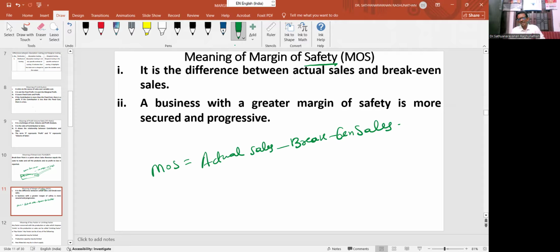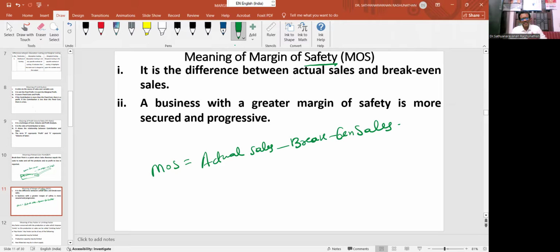If you sell the product at the break-even sales, you will be making neither profit nor loss. If you sell the product at the actual sales, you will be making more profit. So margin of safety is the stage which lies between the actual sales and the break-even sales.